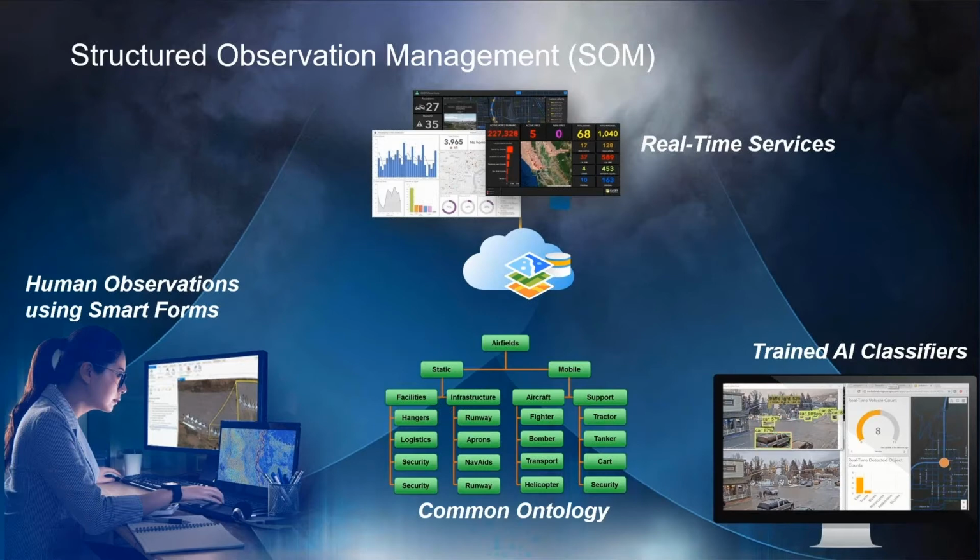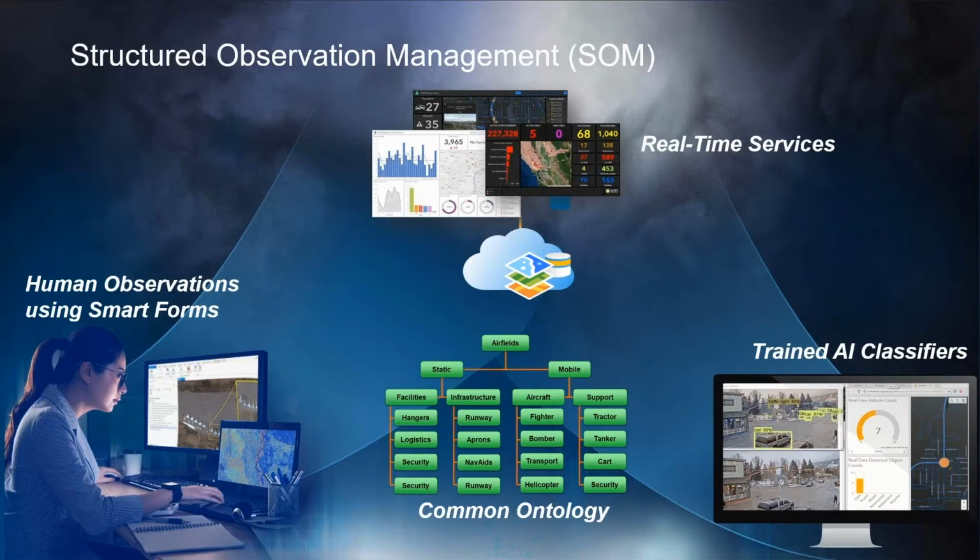That way the data can be combined, used and analyzed in a variety of different formats and used by a variety of different consumers. Analysts can capture this data using smart forms like we saw earlier in Excalibur, for example, where there are drop downs and pick lists of existing structures that we've all agreed on, as well as other formats, editing tools in ArcGIS Pro, or even forms that you run side by side with other analytic tools.